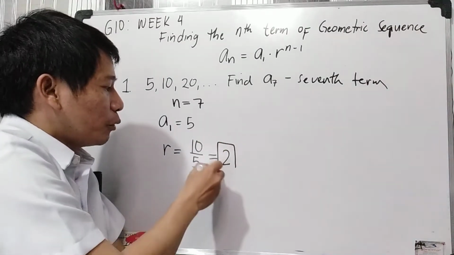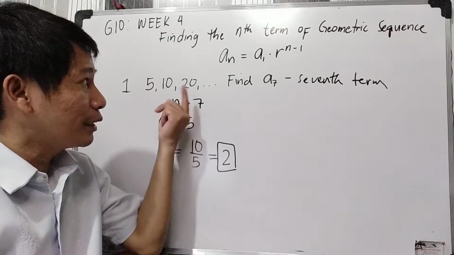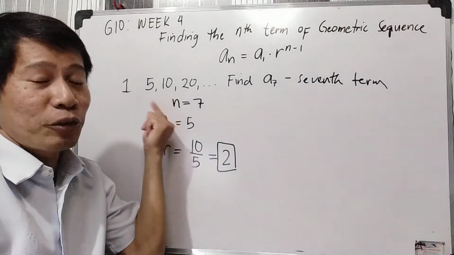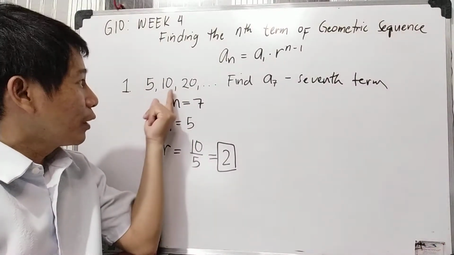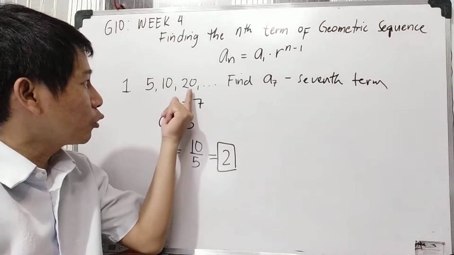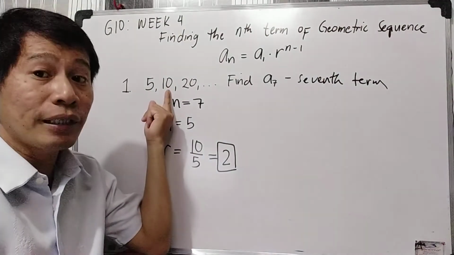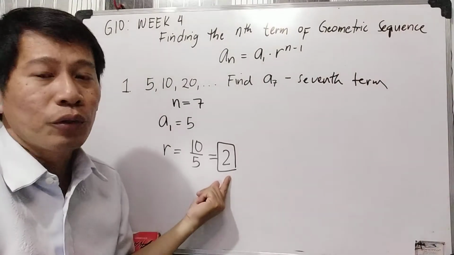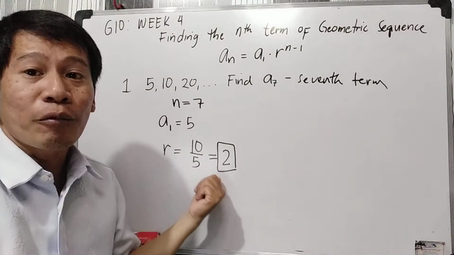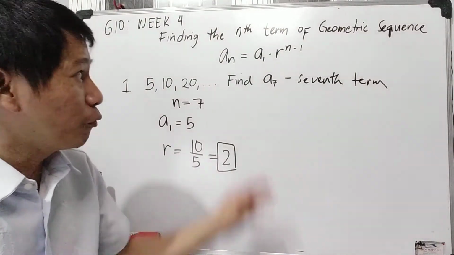So that's our common ratio. Actually, you can check if this is really a geometric sequence: 20 divided by 10, still you will get 2. So our r is equal to 2. We're now ready to use the formula.